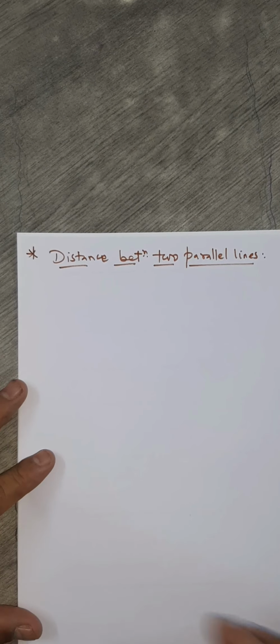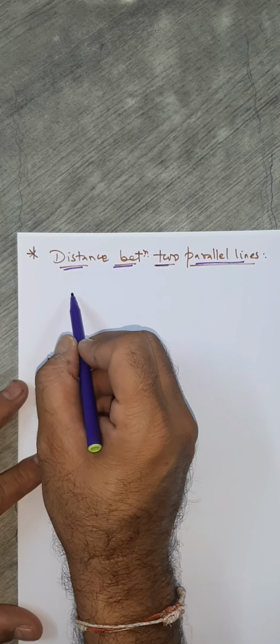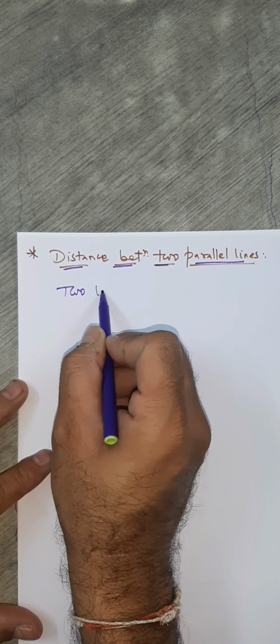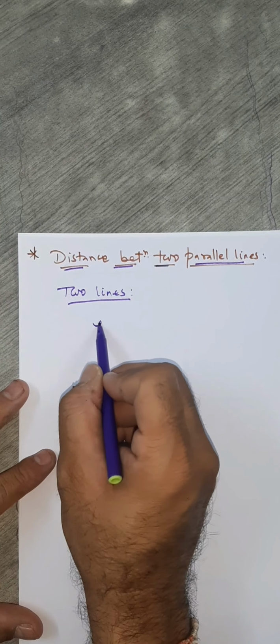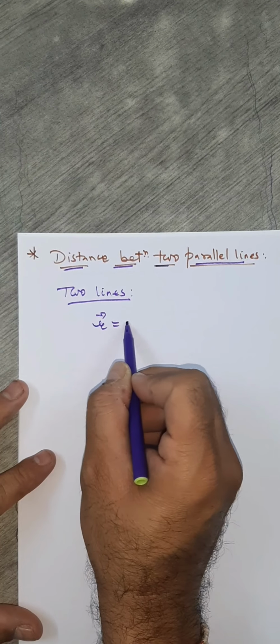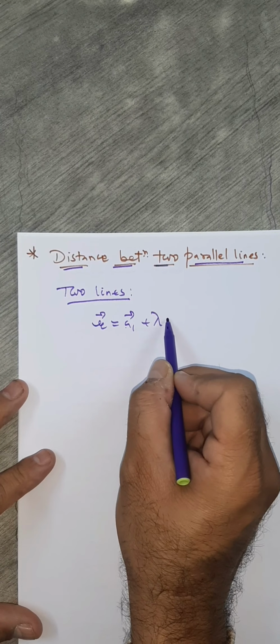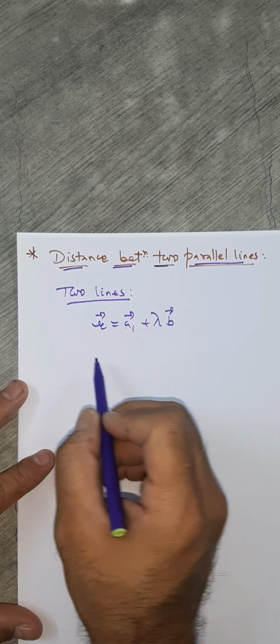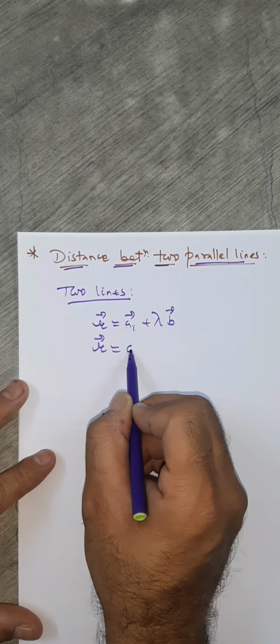The next point is the distance between two parallel lines. So I'll take two lines which are parallel. That means the directions are the same here. Vector R equals, this passes through a fixed vector A1 plus lambda times the direction of this, which is B. This is a variable, so R is the same. The fixed point may not be the same.